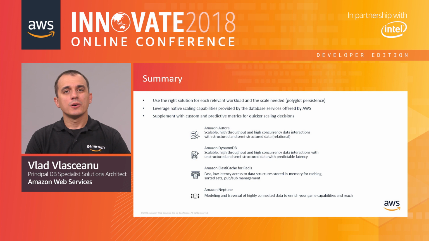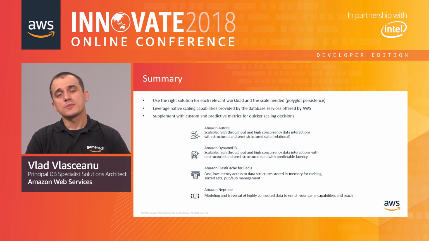And we've also discussed in more detail four database services that are really key for gaming workloads. Amazon Aurora, which helps customers deploy high throughput, high concurrency relational workloads. Amazon DynamoDB, which is a highly resilient, high throughput, high performance NoSQL database.